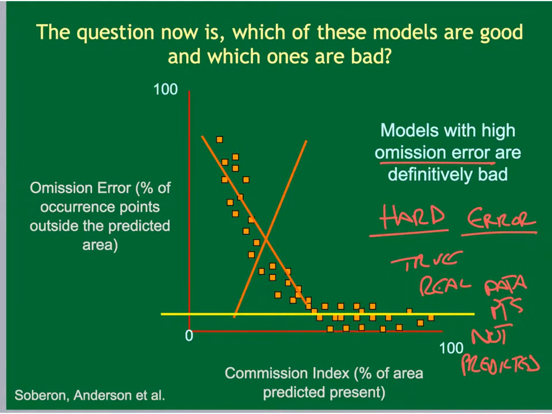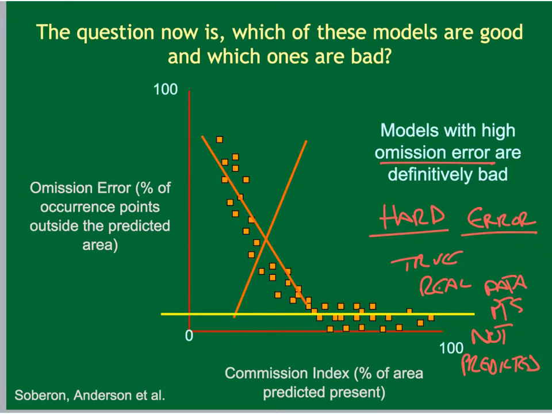So when we start to build best subsets or try and identify out of that collection of models in the experiment which models we want to keep and identify as our best models, omission is going to be the first place to start. Because we know if we're failing to predict actual point data, we have a poor model.